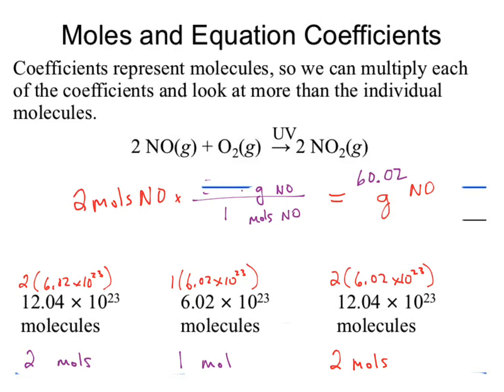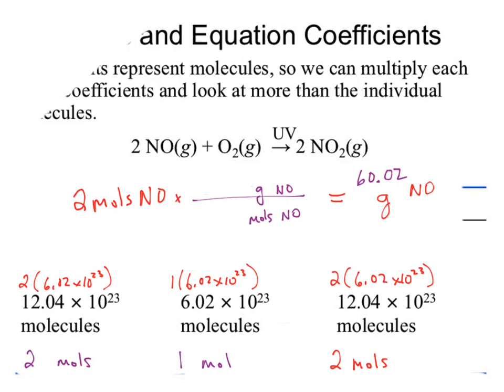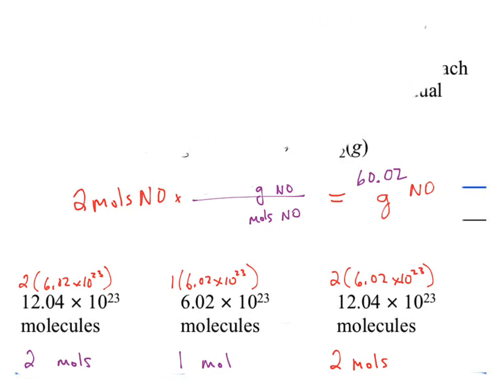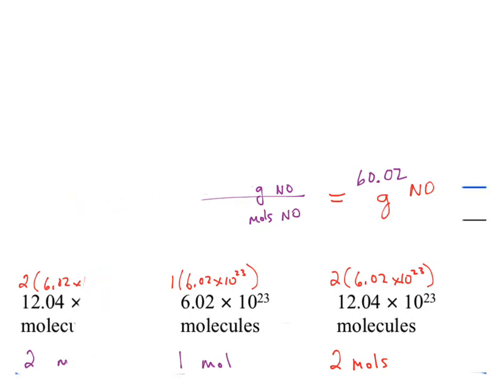Oops, not that eraser. Let's try that eraser. I know that is my conversion factor. I want the relationship between grams and moles. What information on this slide should I be looking at to find that relationship?